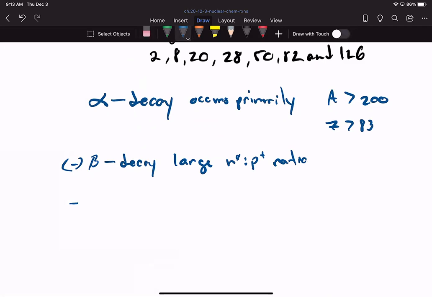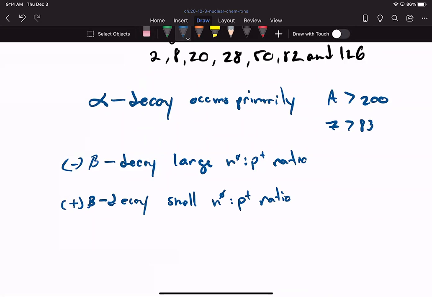And positron, right? Positron emission. So this beta decay, when we're ejecting positrons, happens for small neutron to proton ratios, right? How do I know if it's large? How do I know if it's small, right? I got you guys.